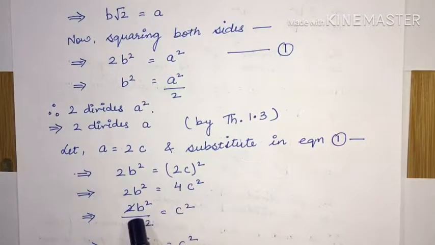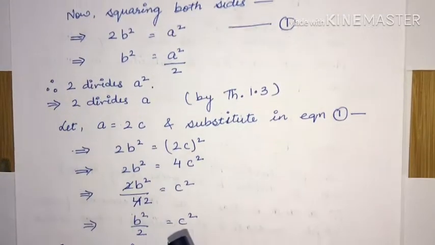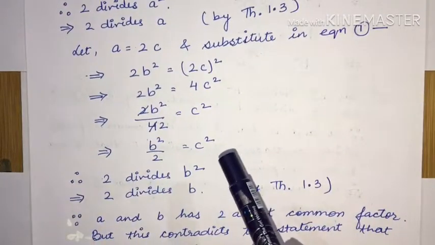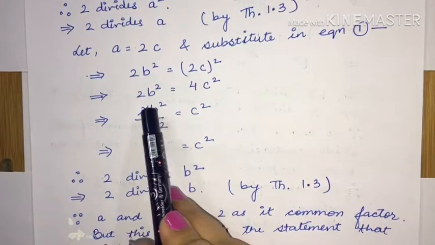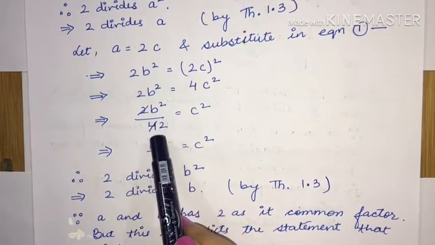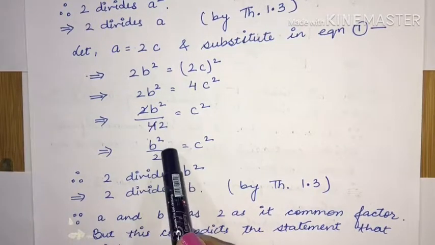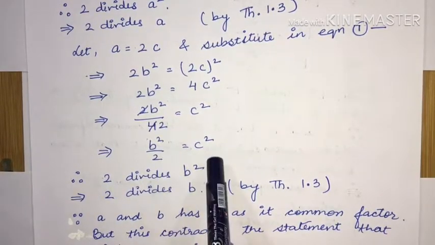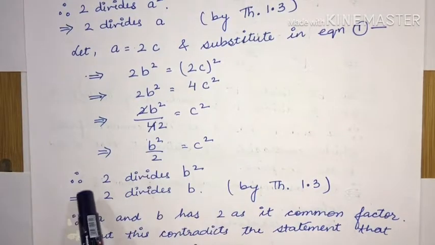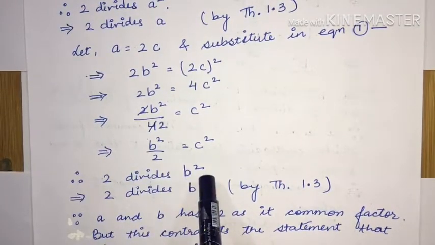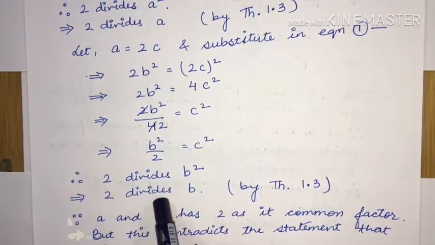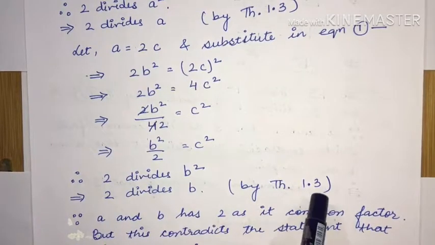We'll send 4 over there. Now, you can see after sending 4 over there, we get 2b square upon 4 is equal to c square, which can be cancelled. Hence, we'll get b square upon 2 is equal to c square. Therefore, 2 divides b square, which implies 2 divides b by Theorem 1.3.